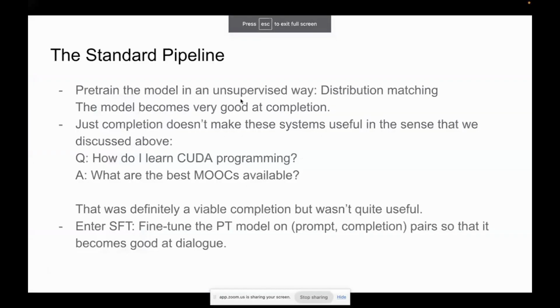Right. Now, I've been mentioning these terms SFT, RLHF, and all of these things. I want to take a moment to go over the standard pipeline that goes into deploying or creating systems like ChatGPT or these new models like Anthropic's that are coming up these days. What happens is that the pre-training stage, as we call it, is all about unsupervised learning.